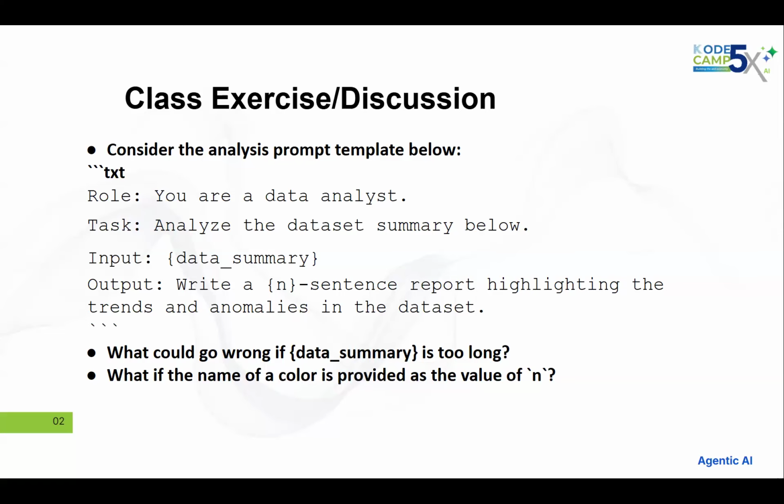Of course, when feeding it to the LLM, you have to provide concrete values for the placeholders, data summary and N. So the entire prompt you're going to provide to the LLM will start from role, you're a data analyst, and end in anomalies in the data set. But before providing that prompt to the LLM, you have to provide actual values for data summary and N.